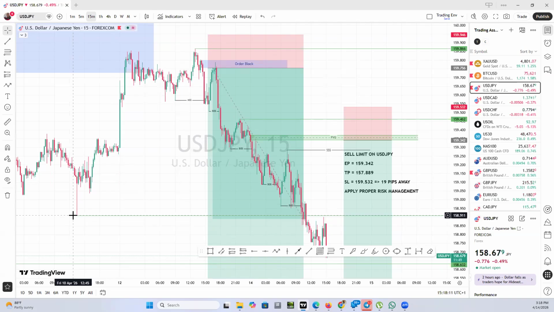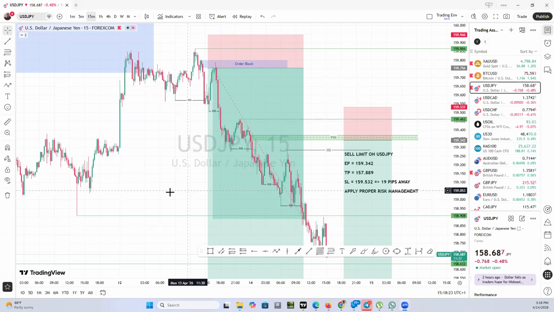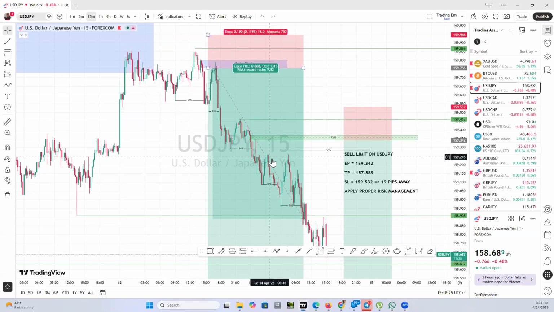I put my TP here as my first TP, thinking that if I saw the way market was moving, I might book partial, then allow the market to continue going. But when I woke up, market was around here. So before I knew it, market had already reached my TP.